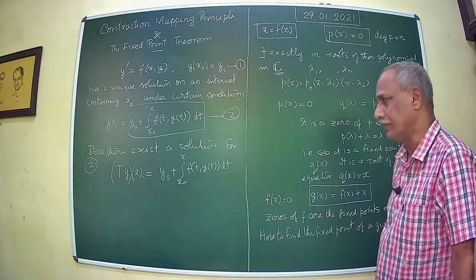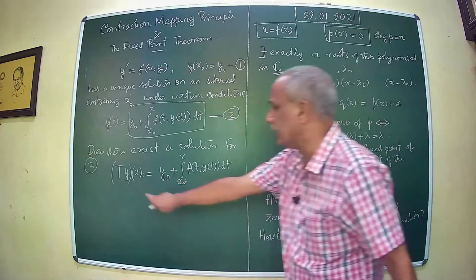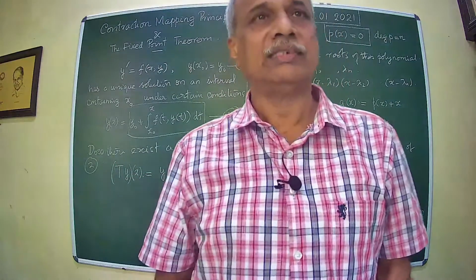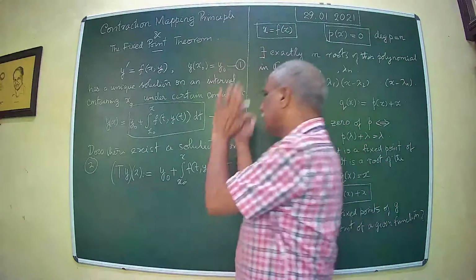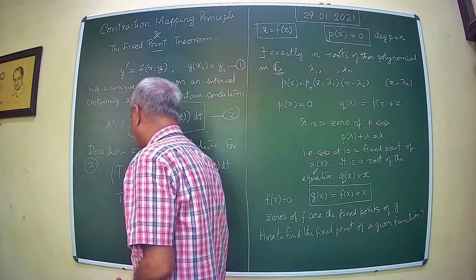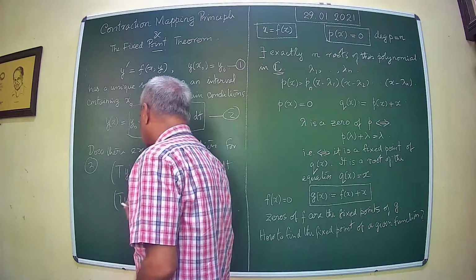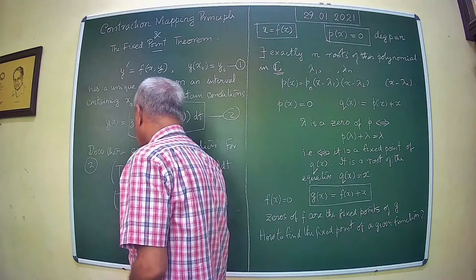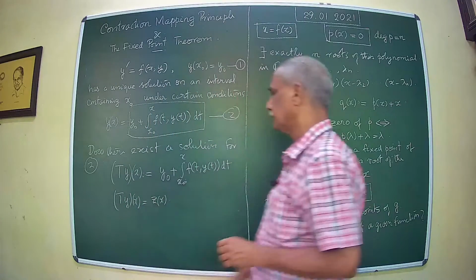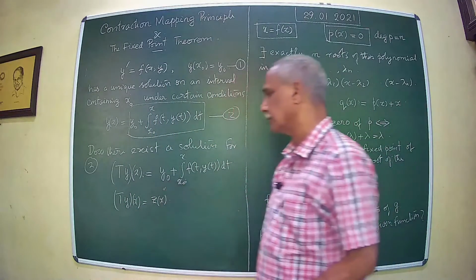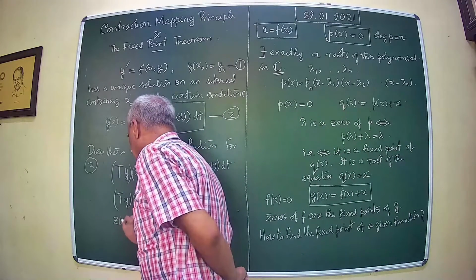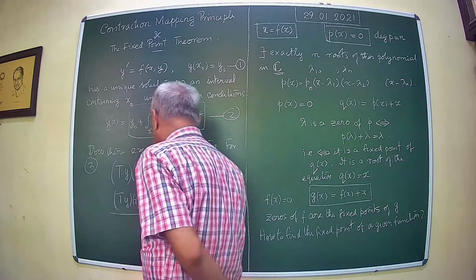This is the definition of T. Therefore, T acts on a class of functions which are differentiable and converts it into another function, z(x), where z(x) is given by this expression. Or in other words, you have an equation, z(x) equal to T of y(x).